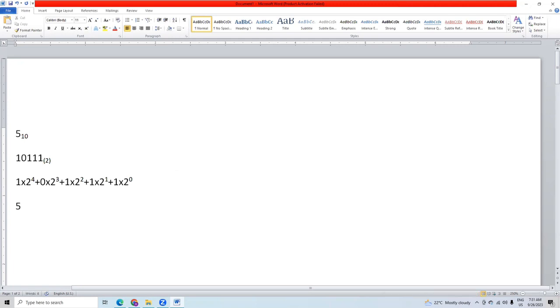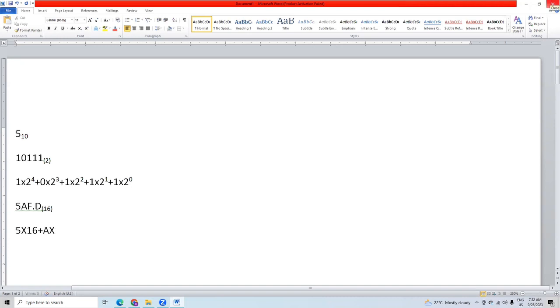They have written 5AF.D, and then 16. 16 is the base, so it should be written like this. Let us calculate the value for this. 5 into 16, see how you have to calculate.